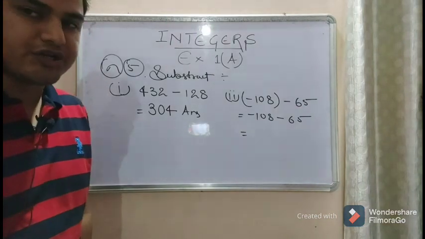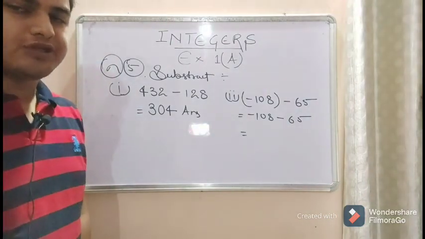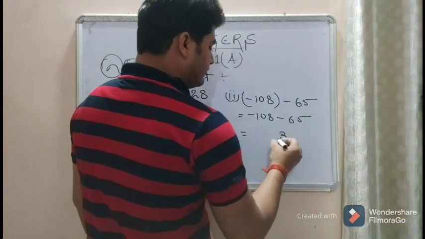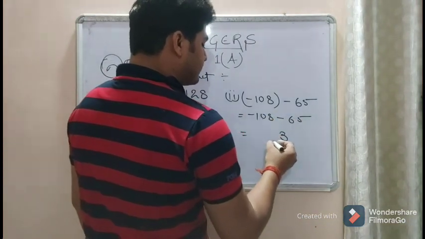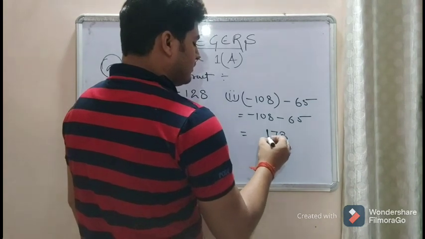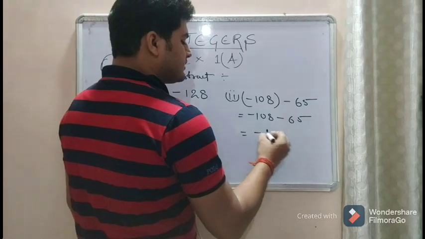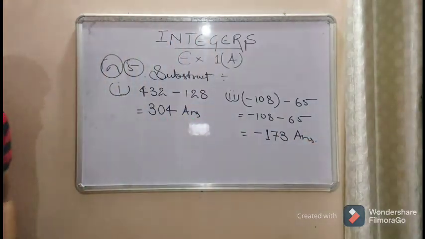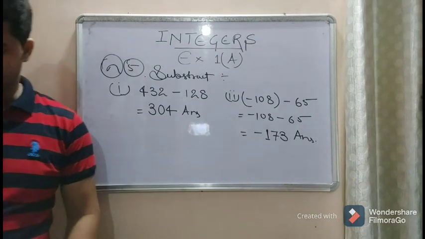We do the work of addition. So 8 plus 5, 13, 1 carry, 1 plus 6, 7 and 1, so 1. Both the numbers are in negative, so the answer will also be in negative. So remember the rules.